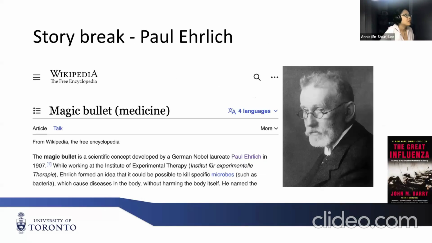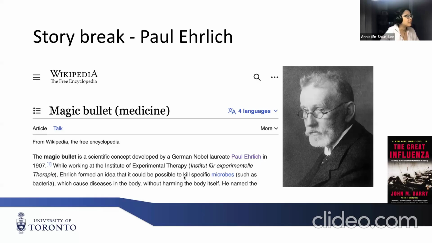Okay, so a few little stories about Nobel Prize winners, from my stories about the great influenza of 1918, the Spanish flu. There's the magic bullet by Paul Ehrlich, who won the Nobel Prize.